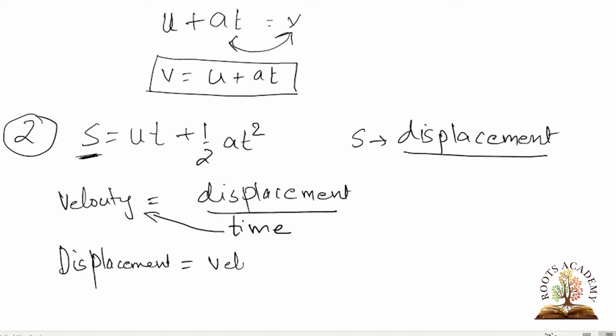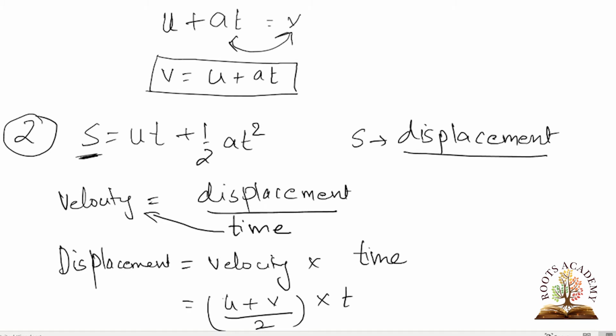Okay, so it's going to be velocity into time. Now this velocity will be, let's say there's a change in velocity, initial plus final velocity upon 2, into time t, which is nothing but our displacement s.